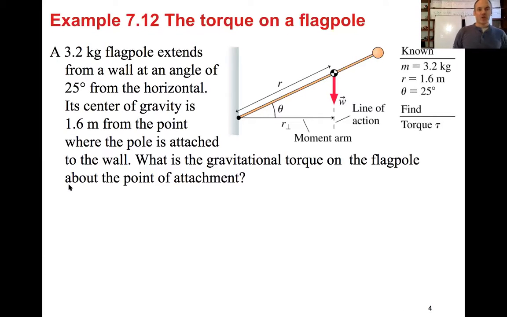All right, so let's look at that in terms of a flagpole. So you're trying to lift a flagpole. Let's say you just painted it or whatever, and you want to try to bring the flagpole up to vertical. How would you calculate the amount of energy, the amount of force, you'd have to apply to get that to move?